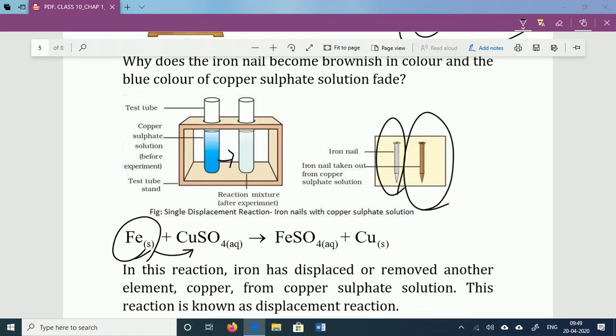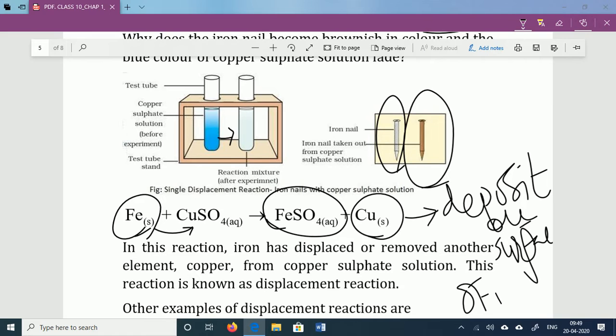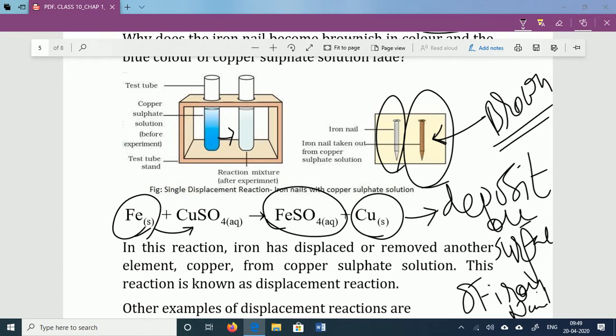So Fe will displace the Cu from the CuSO4 and make FeSO4, and the displaced Cu will deposit on the surface of the iron nail. The color of Cu is brown, so brown Cu is deposited on the surface of the iron nail, and that's why the iron nail becomes brown. FeSO4 solution is formed.